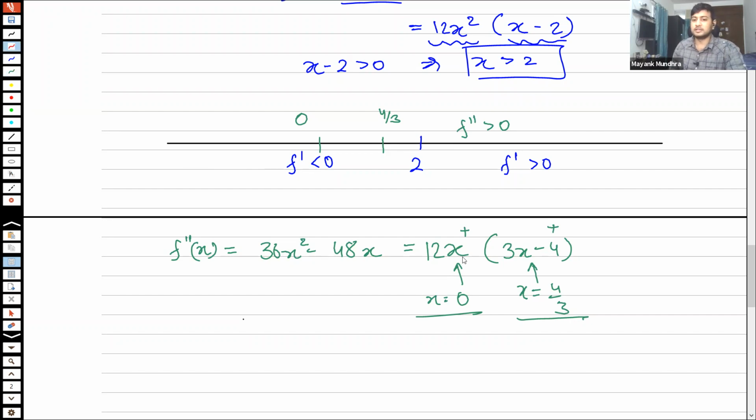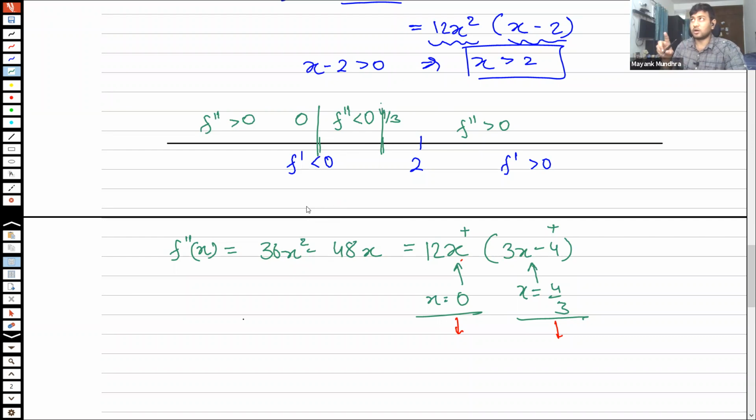And when x is below 0 and below 4/3, both these values are negative, so f double prime is again going to be positive. These are some shortcuts of dealing with such problems. In the intermediate zone, one of them is positive, the other is negative, so f double prime is going to be negative.